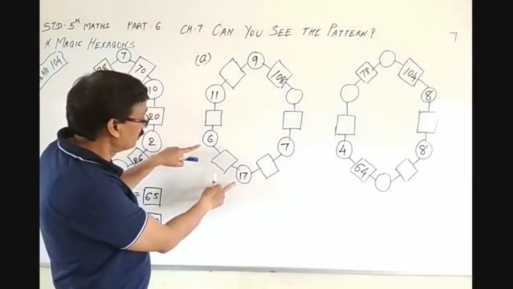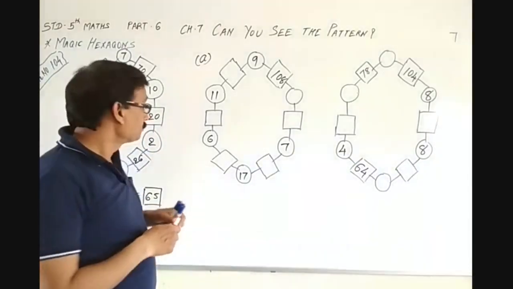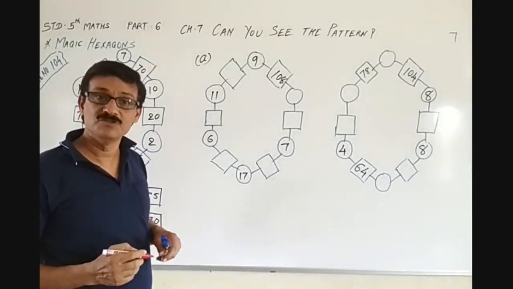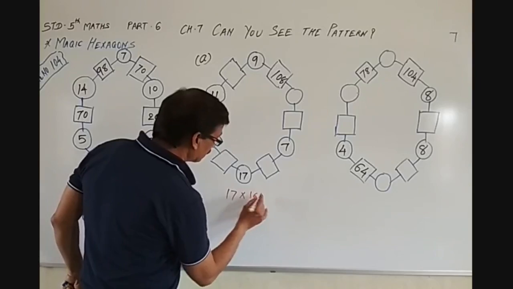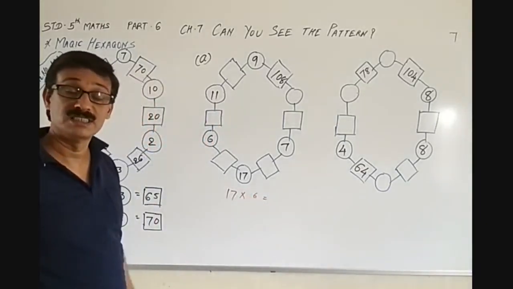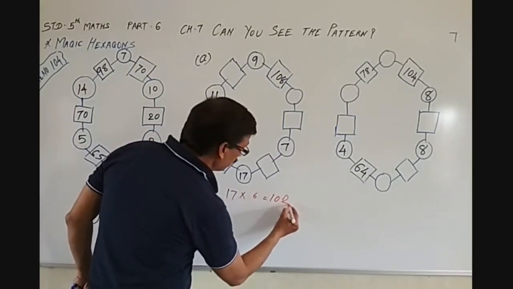Why? Because here we can do this. What is the multiplication of 17 and 6? 17 multiplied by 6 is equal to what? 7 sixes are, it is 102, isn't it?